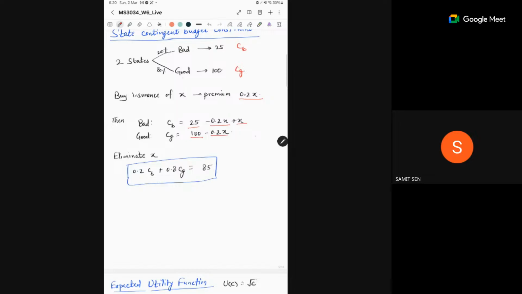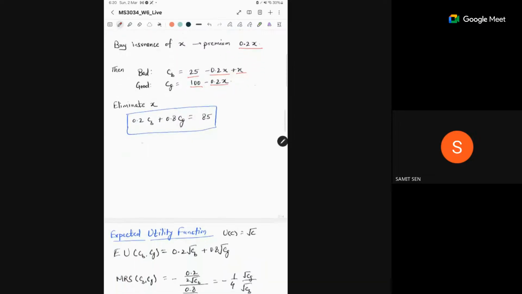So how do we do that? The first equation is CB equal to 25 plus, correct, and the second equation is, correct.